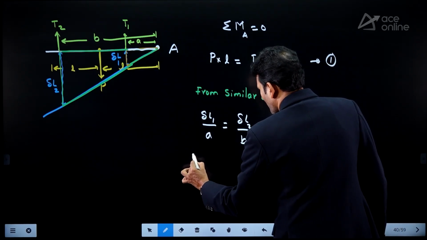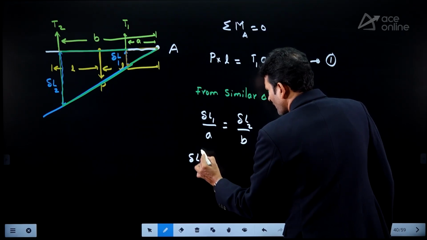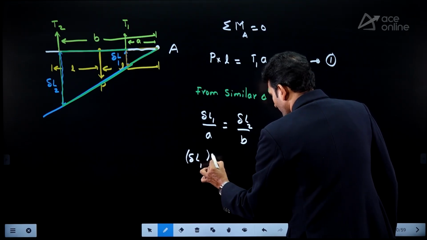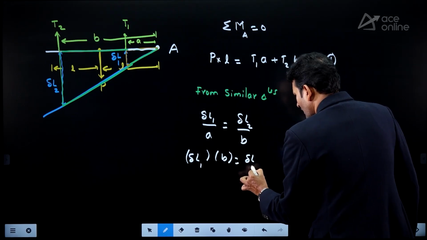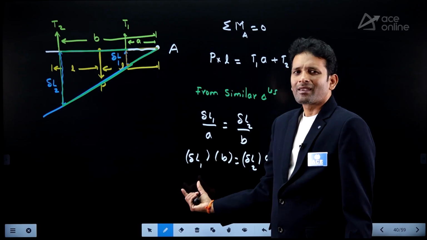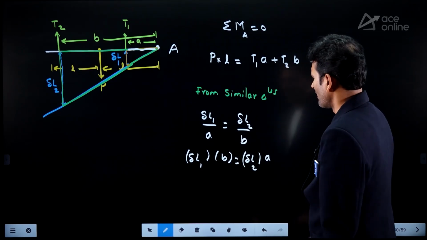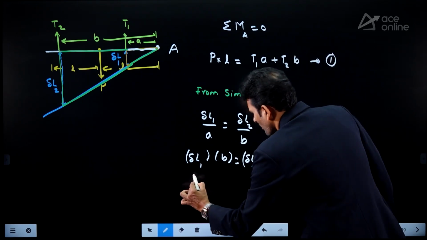Now, how am I rewriting this? Del L1 into B equals del L2 into A. It is nothing but axial deformation, obviously. Axial deformation formula, the standard formula, PL upon AE. So how am I writing this?